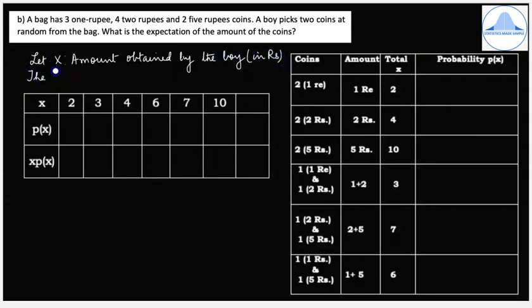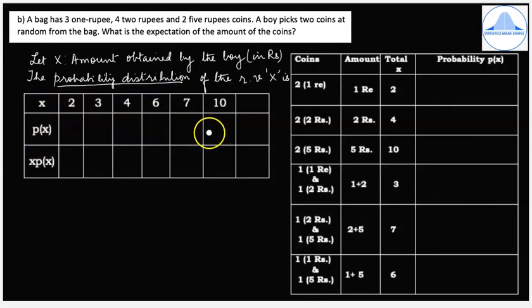Then the probability distribution of the random variable X is, so a probability distribution is nothing but a table which will have the X values in the first row, and it will have the corresponding probabilities, that is P of X, in the next row.